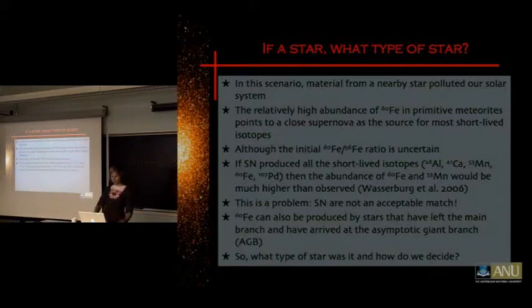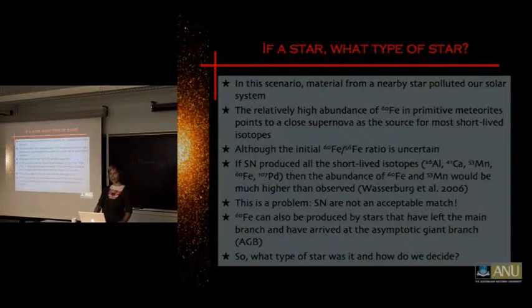So the fact that it's not a quantitative match with the meteoritic data has led other people, in particular Jerry Wasserburg and his collaborators, to suggest that supernova are not an acceptable match to all the data. And it was this reason that led them to look for other sorts of stars.